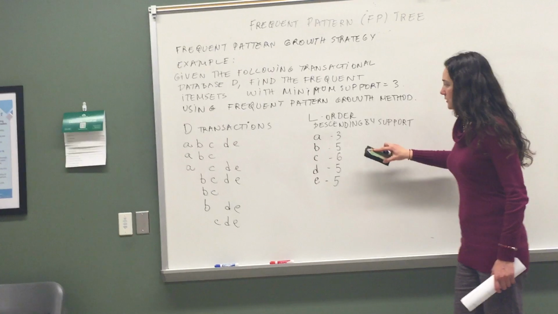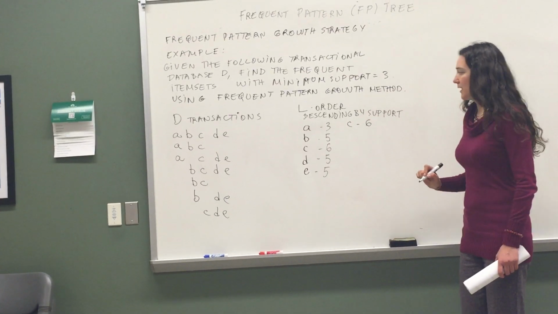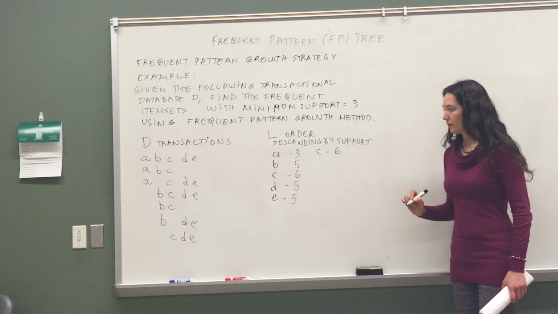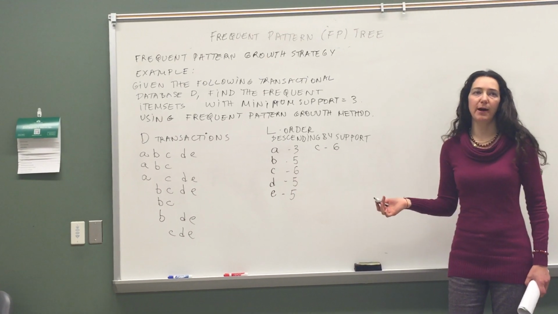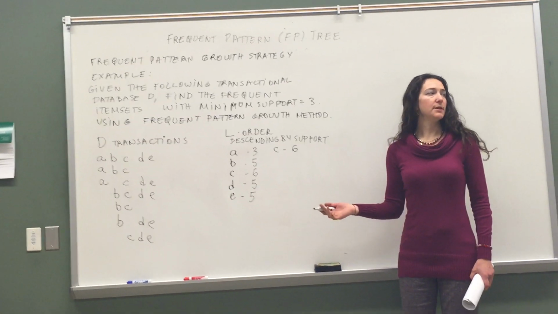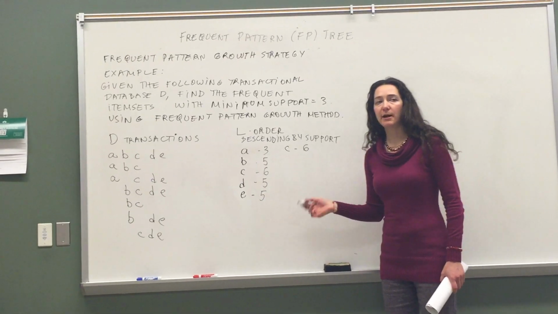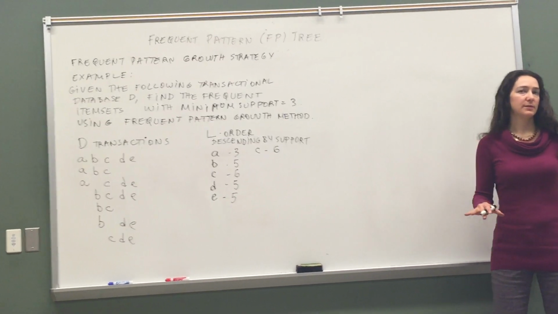C, because C is 6. And next we have B, D, and E, all of them equal to 5. We can choose any one, but we choose them in alphabetical order so that all of our answers are the same.